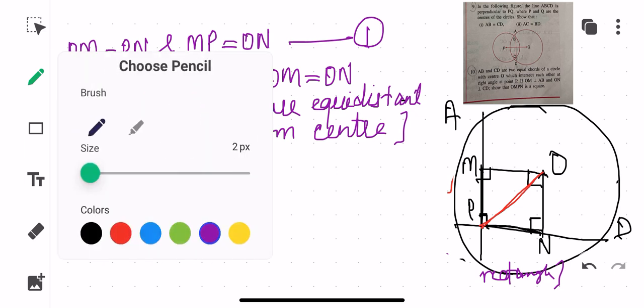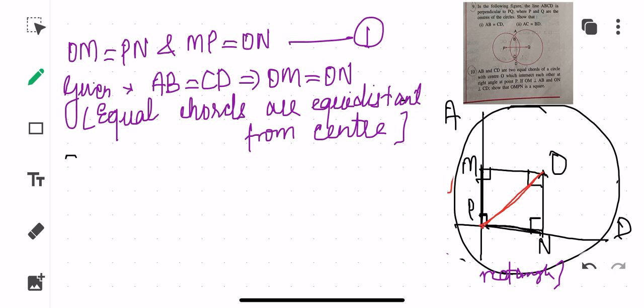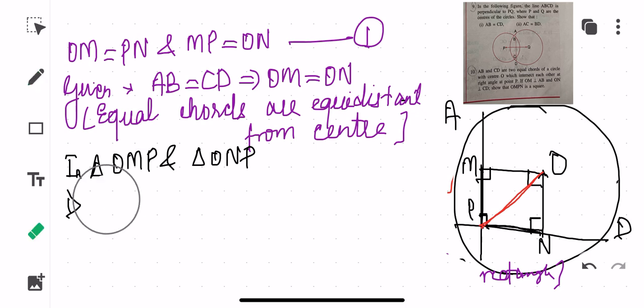Now we will be moving to the triangles. So what you will be writing in triangle OMP and triangle ONP. The first point you can write is the right angle part, children, that also will be fine: angle OMP is equal to angle ONP. Why?